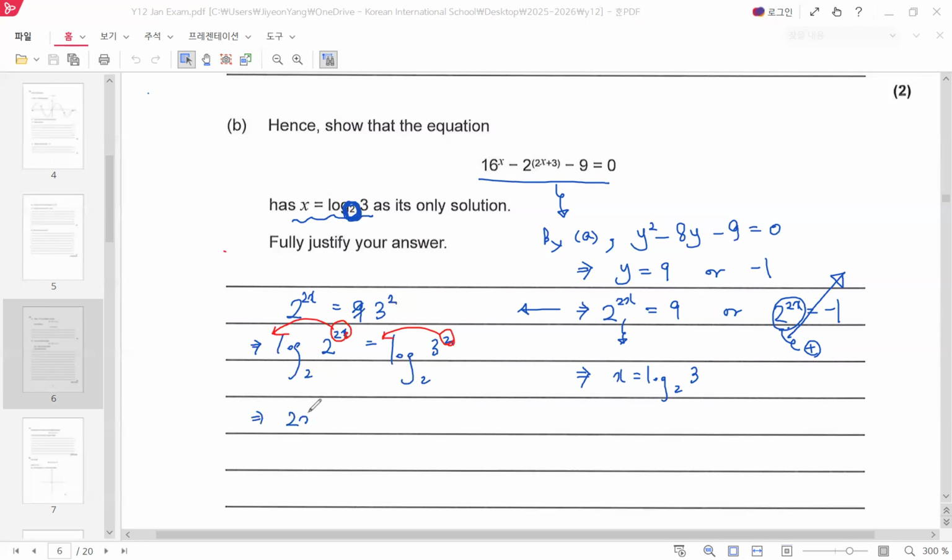Then 2x log 2 of 2 equals 2 log 2 of 3. And this value is 1, right? Therefore, 2x equals 2 log 2, 3. Then you can divide by 2, which makes x equals log 2, 3 the only solution.